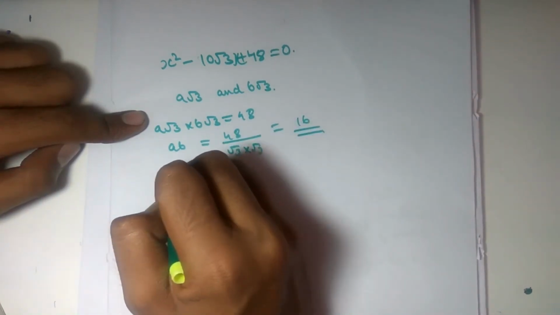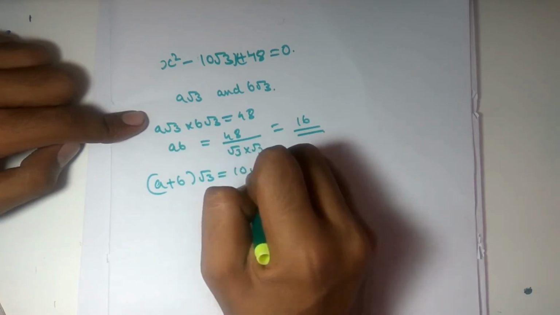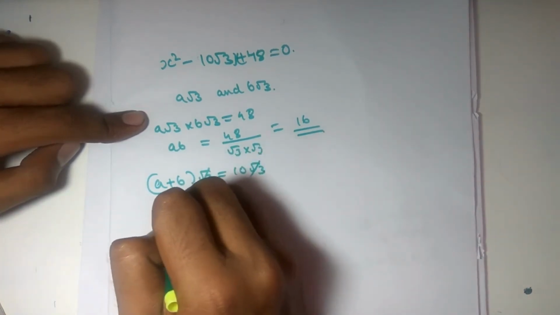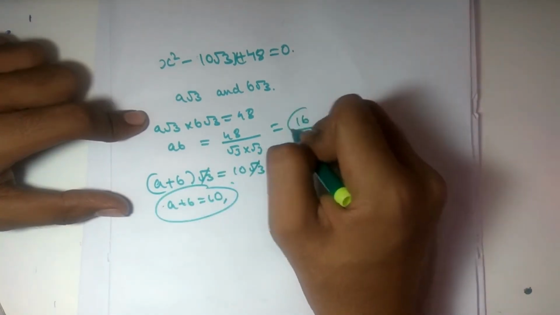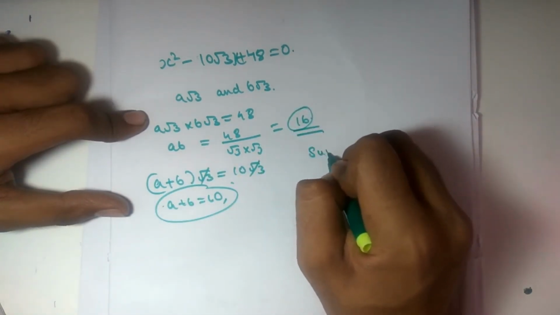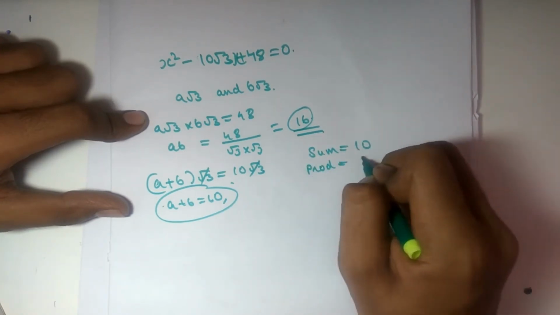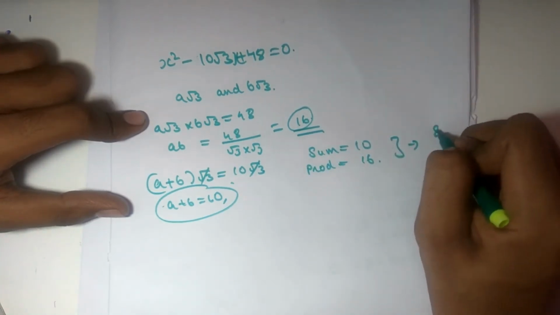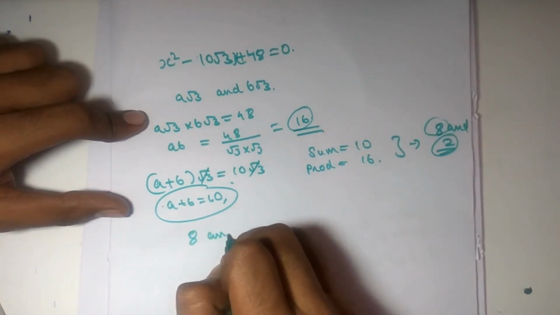And (a plus b) root 3 equal to 10 root 3, which we cancel, and a plus b equal to 10. So a plus b equal to 10 and ab equal to 16. So sum equal to 10 and product equal to 16. We get the split as 8 and 2. So the split is 8 and 2.